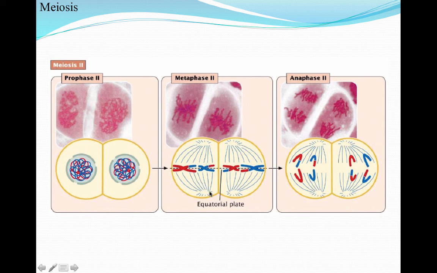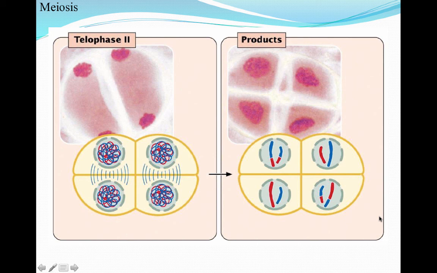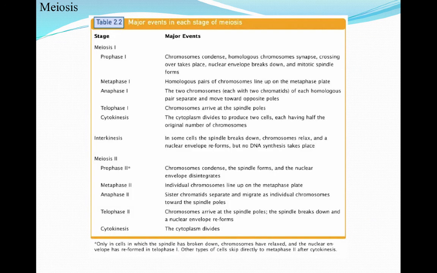And then in metaphase 2, those chromatids are going to line up along the metaphase plate. And finally, in anaphase 2, we see the sister chromatids, so the single copy of genetic information, being pulled towards the spindle fibers. So telophase 2 is going to result in 4 1N cells.